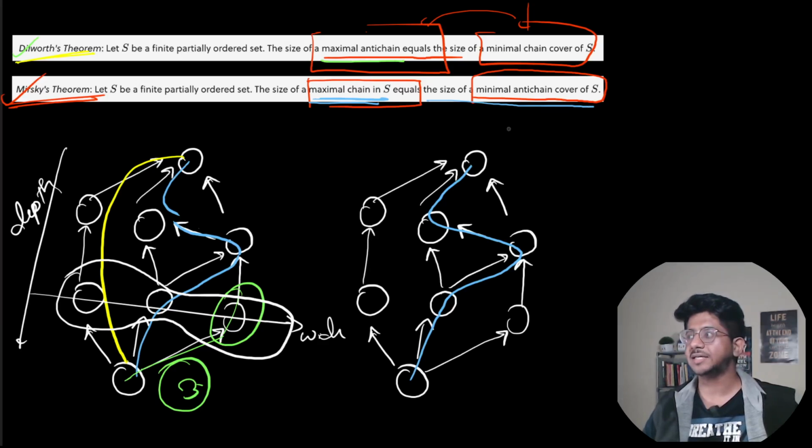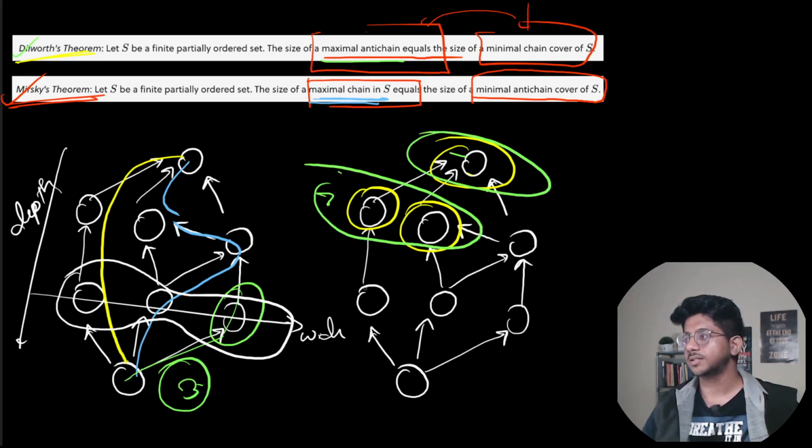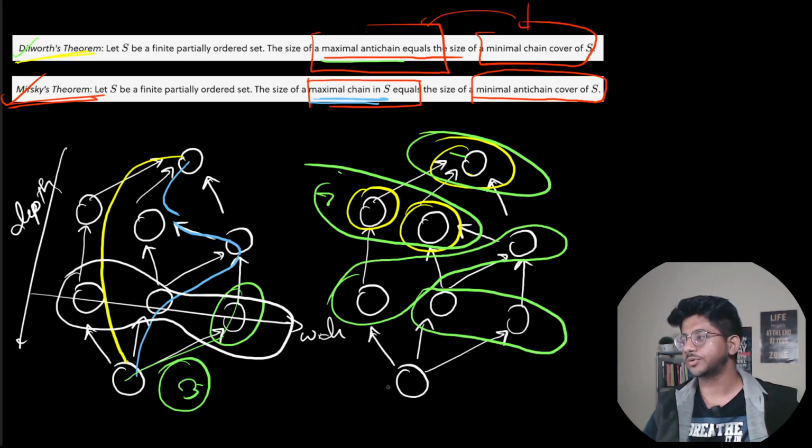How would you find an anti-chain cover in this case? We can take this node in one anti-chain, then these two nodes in one anti-chain. Then maybe this is layer number 2, this is layer number 1, this is, let's say, layer number 3, this is layer number 4, this is layer number 5.